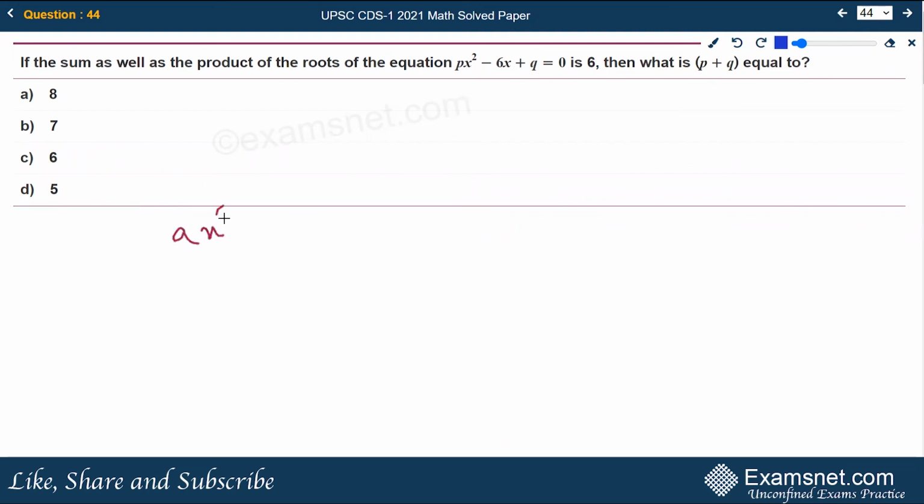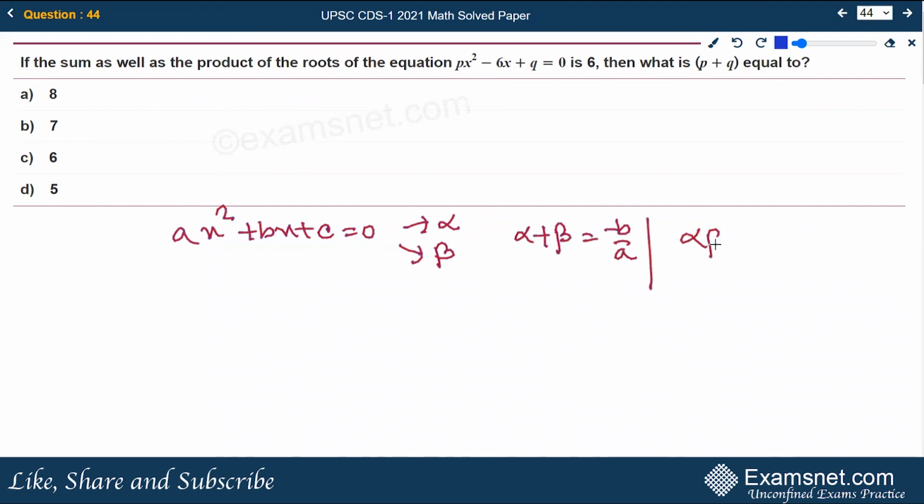Let's say ax squared plus bx plus c equals 0. This is a quadratic equation. It has two roots, that is alpha and beta. So the sum of the roots will be minus b by a, and the product of the roots is c by a. That is the relation between coefficients and the roots. I will utilize this in this sum also.